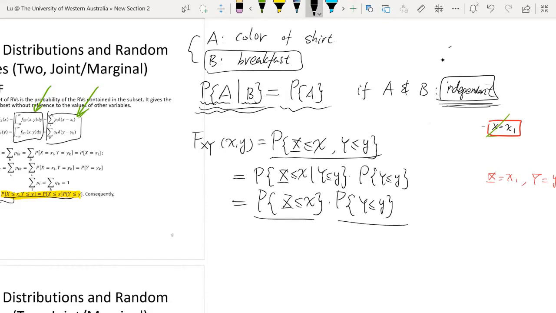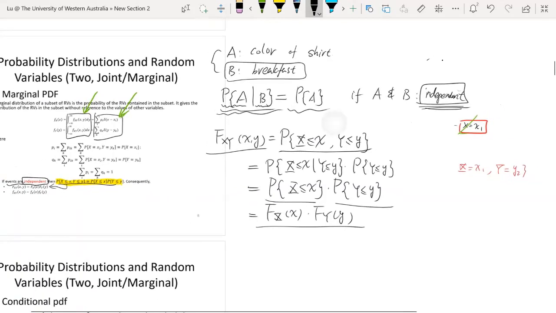This and this are just the definition of the CDF for each of these two random variables. So this is equal to F_X(x) times F_Y(y). Now we have derived what we want. Such a relationship holds only when X and Y are independent. Another similar result can be derived in the same way.